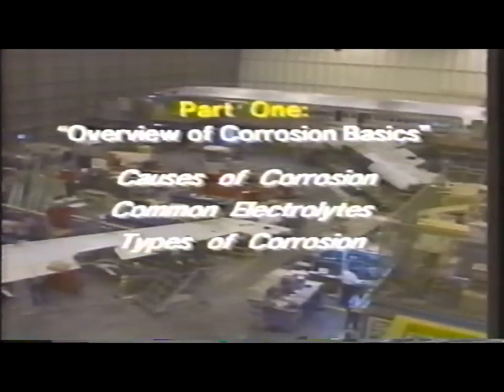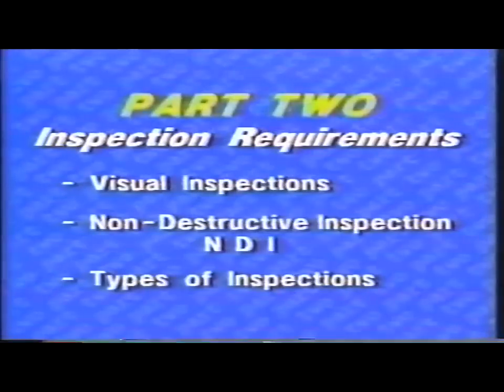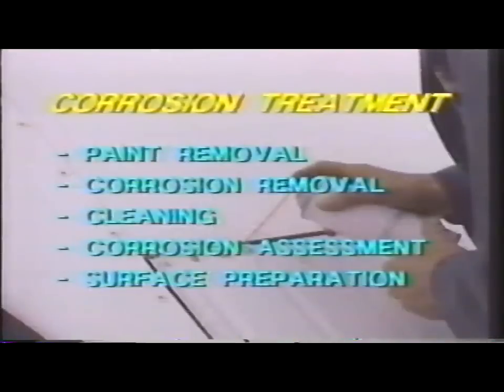In Part 1, we took a look at the corrosion process and the elements required for corrosion to occur. In Part 2, we showed you what forms corrosion can take on your aircraft and introduced basic corrosion inspection techniques to help you spot corrosion problems early before you have a catastrophic failure. In Part 3, we went over the procedures for treating corrosion and repairing the component or structure.